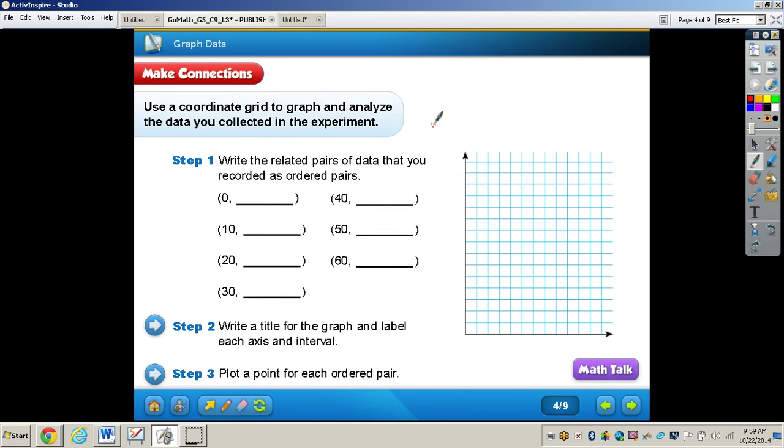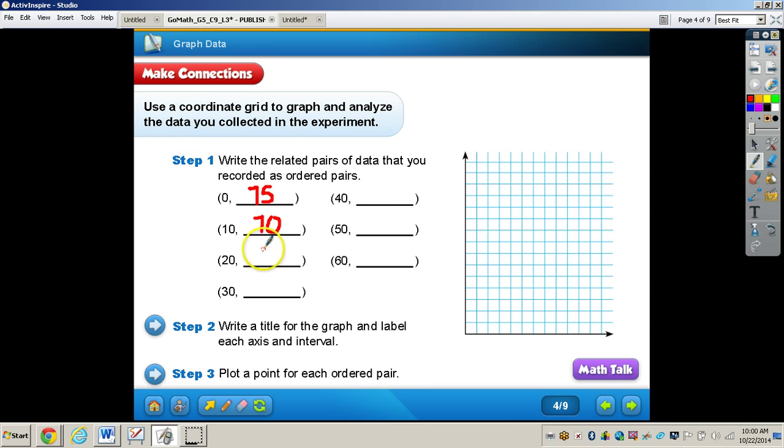So what we're going to do is use a coordinate grid to graph and analyze the data that we collected. Now we're going to use the ordered pair first of all of 0 and 75, because at 0 seconds the temperature was 75 degrees. And then at 10 seconds it was 70 degrees.